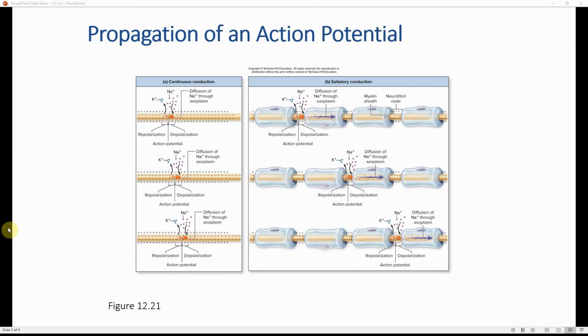Whereas with our saltatory conduction, we have our depolarization on our node of Ranvier, and then the positive signal is able to travel underneath the myelin over to the next node of Ranvier, where we open up our channels. It's almost like our nervous system is able to ignore all of the axon underneath the myelin, in effect making the axon much, much shorter, at least physiologically.